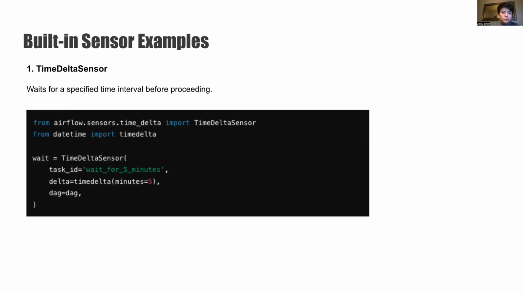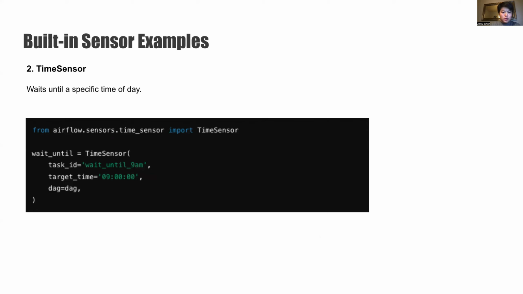Here is the time delta sensor. It waits for a specific time interval before proceeding. In this example, it waits for 5 minutes, and then starts the process.